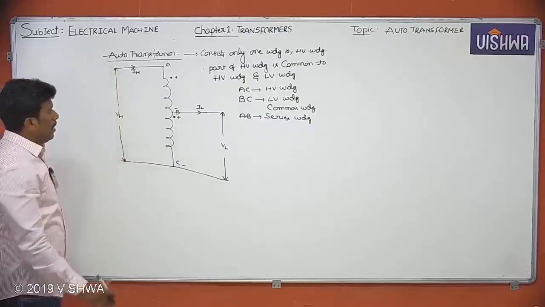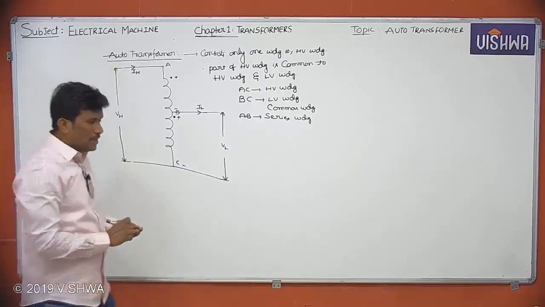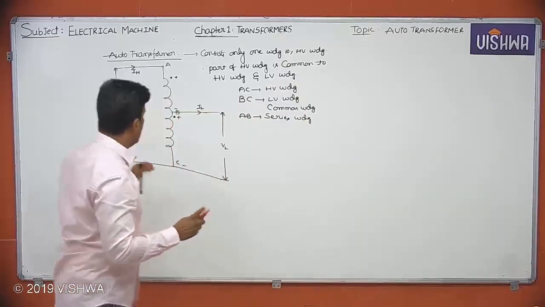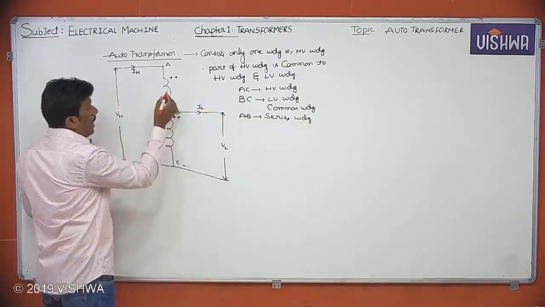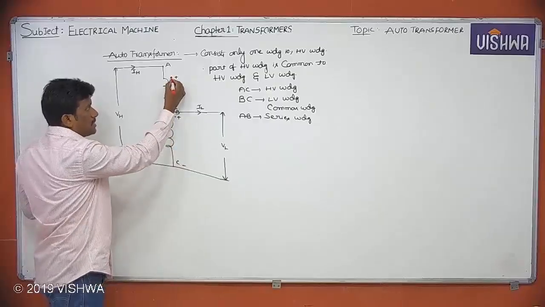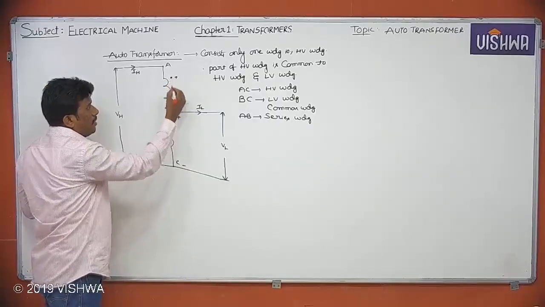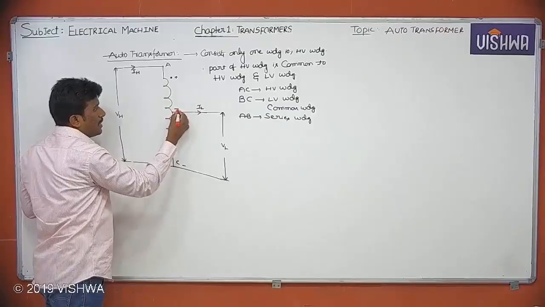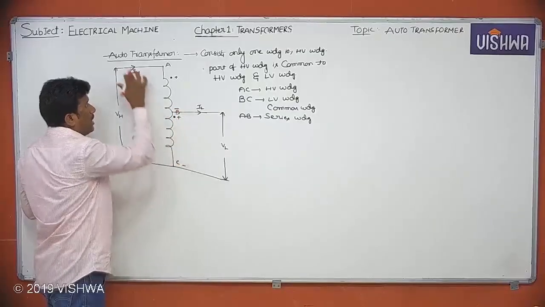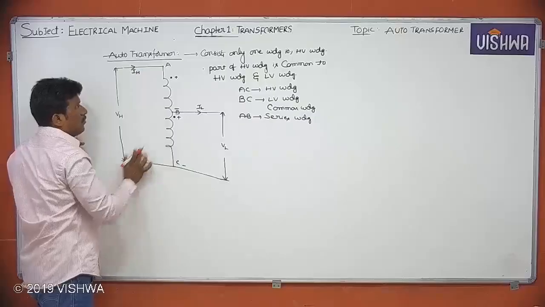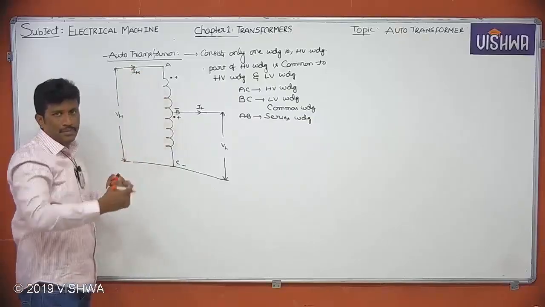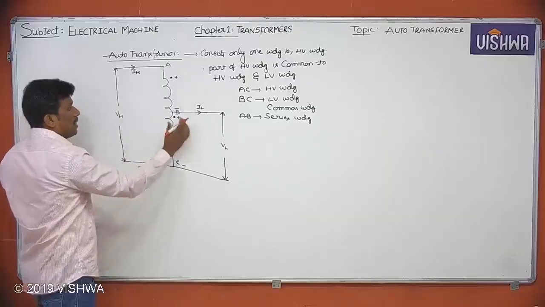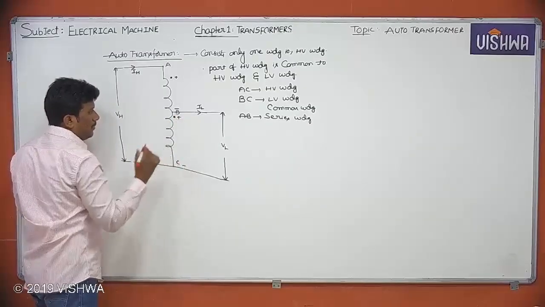Please try to concentrate here. If I take the dot here as plus, the non-dot terminal can be taken as minus. It is a high voltage section, therefore the voltage should add up. Therefore plus, minus, then only the voltage will add up. So I should keep the dot here.